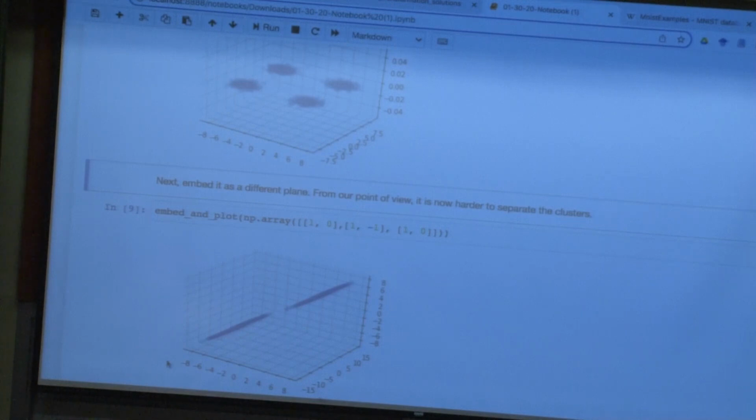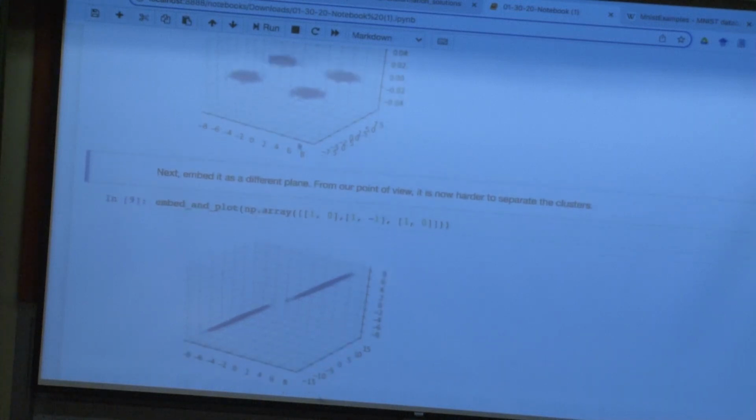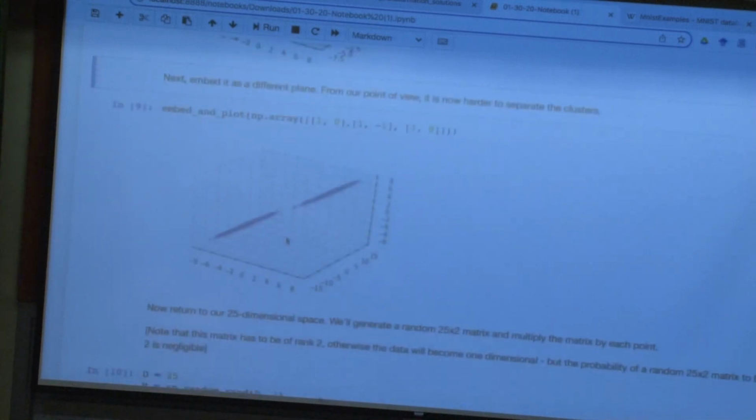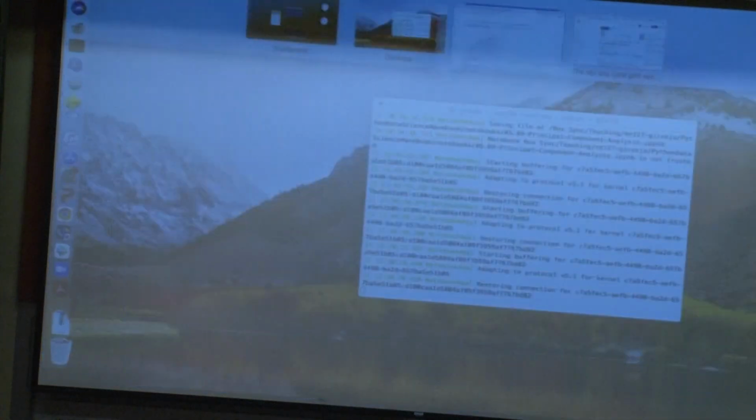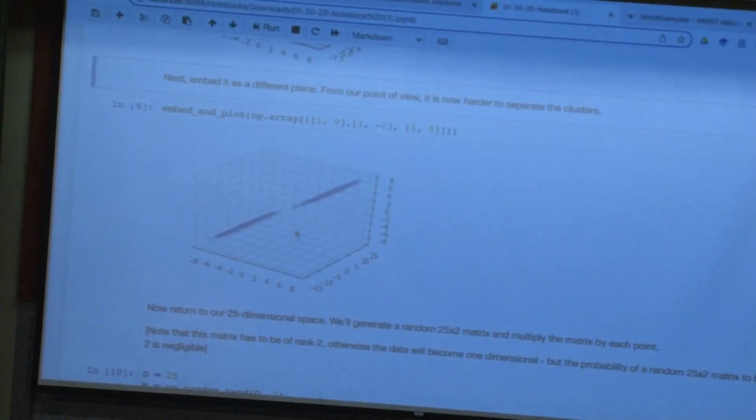Basically, if I wanted to embed this 2-dimensional data into 3-dimensional space, I would multiply by any random 3x2 matrix, which would generate a 3-dimensional embedding of this underlying 2-dimensional data. Does everyone see that? This is the embedding that preserves the visual clustering. This other embedding, where I chose a different matrix, loses that visual clustering aspect.